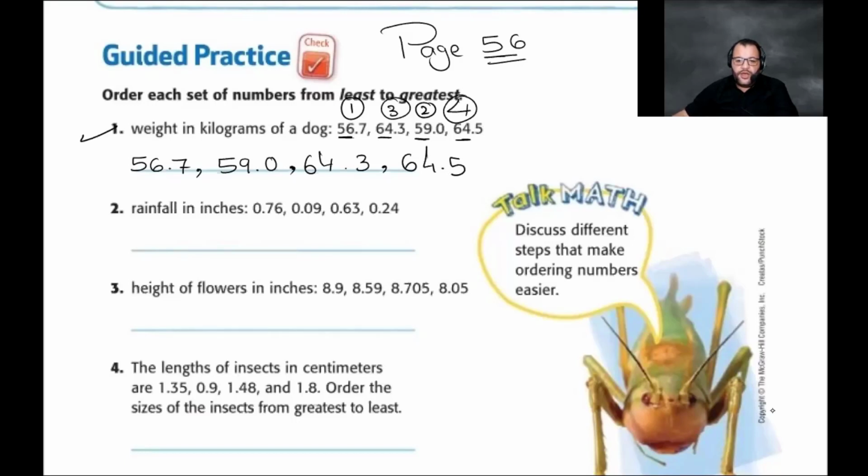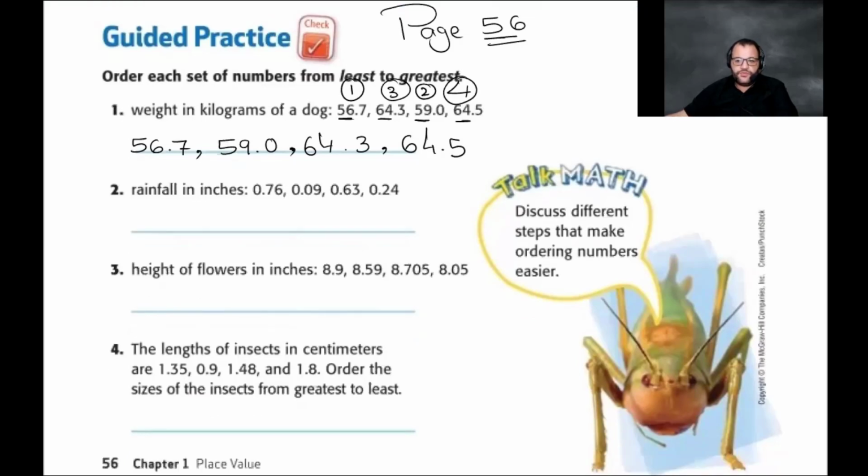Thanks, Yusuf. Any problem for the first one? Who can solve with me question number 2? Malik, question number 2. Question number 2 is I need from least to the greatest, the smallest number to the greatest number. 0.09.